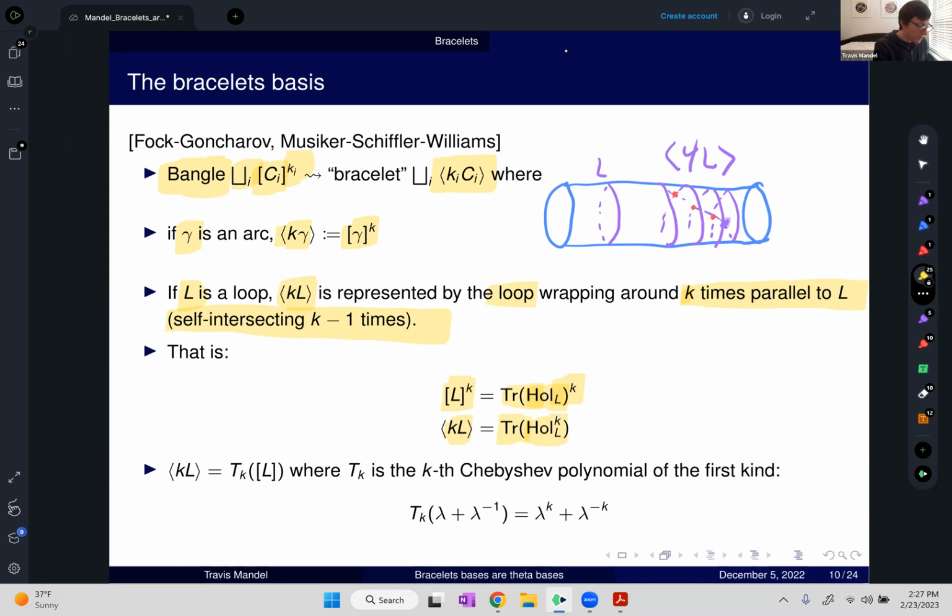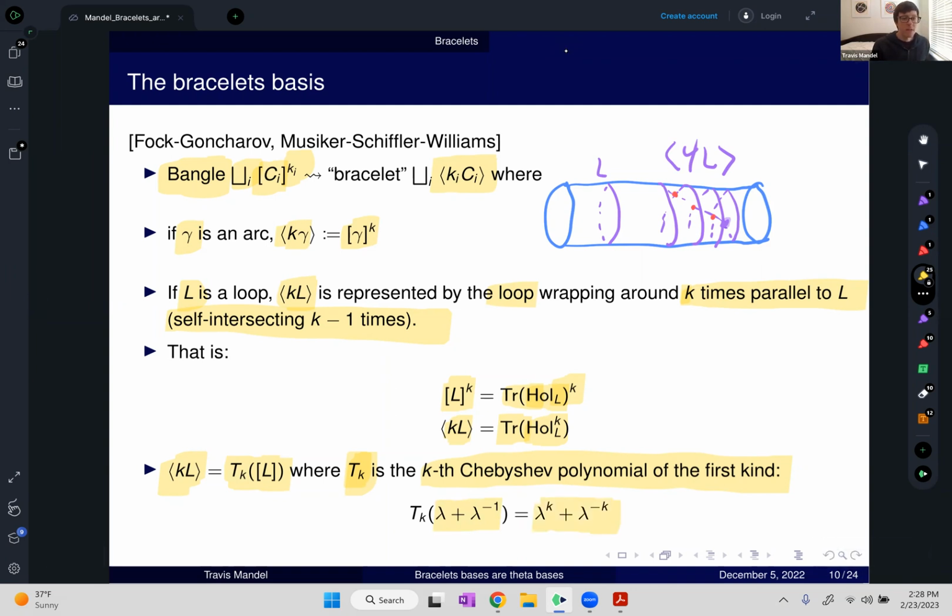Now, you can understand this algebraically. There's a polynomial called the kth Chebyshev polynomial of the first kind, denoted T sub k. So this bracelet KL is T_k of the element L. So T_k is the polynomial such that if you have numbers lambda and lambda inverse, T_k of lambda plus lambda inverse will be lambda to the k plus lambda to the negative k.